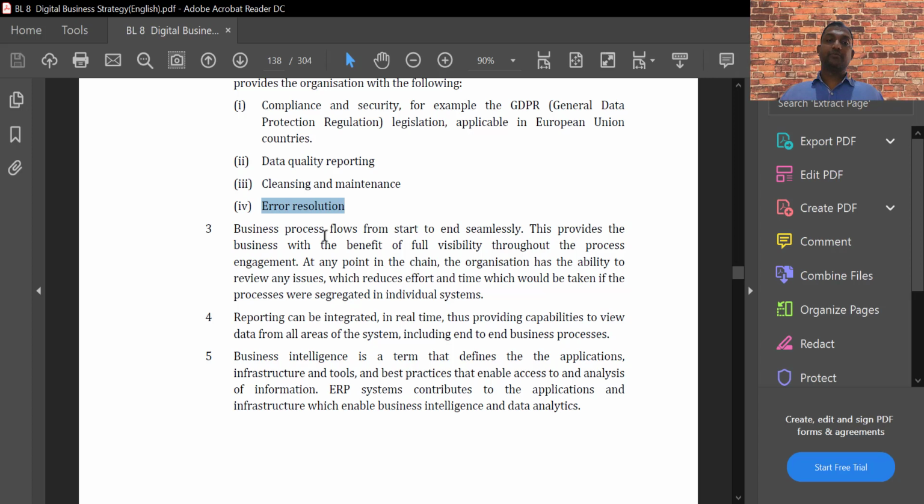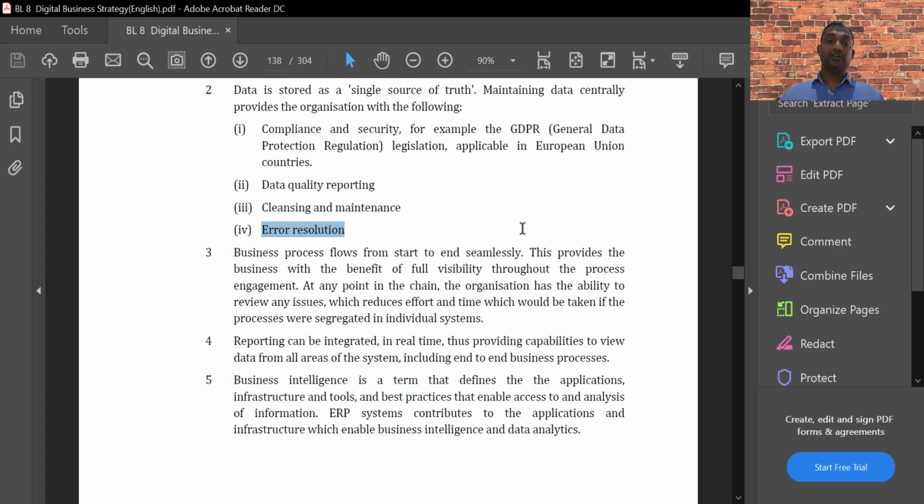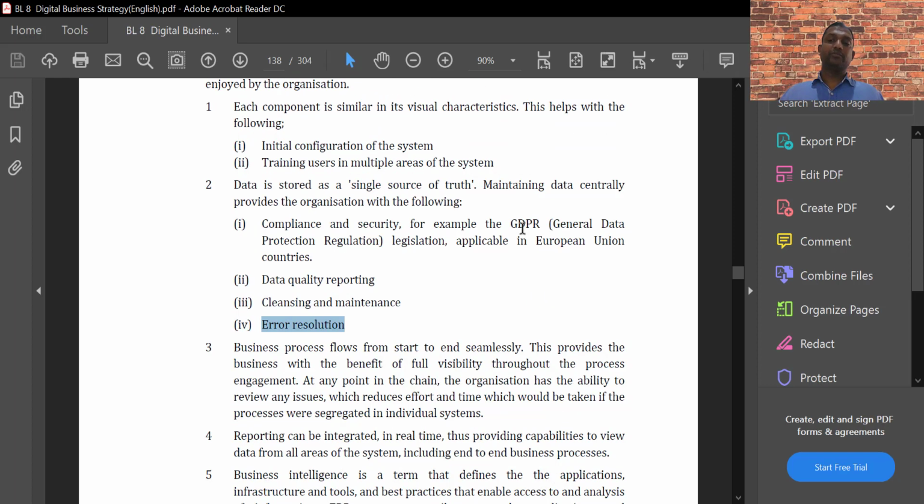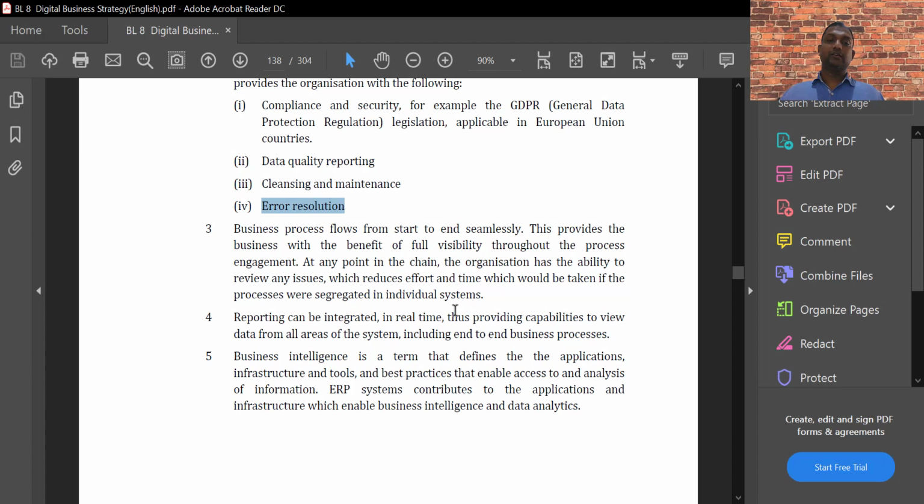And all the business processes can flow from start to end without any problem because of an ERP system, because all the processes and data are at the same place. Reporting also can be integrated, and reports can be generated on a real-time basis.